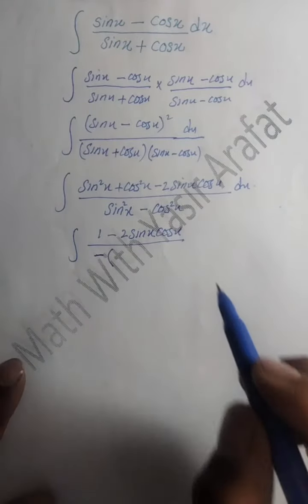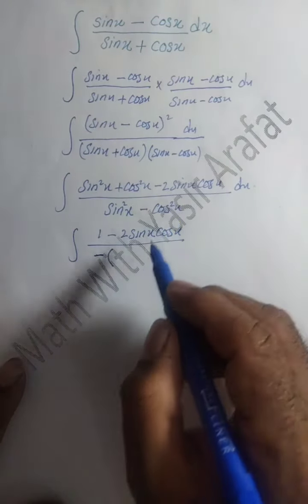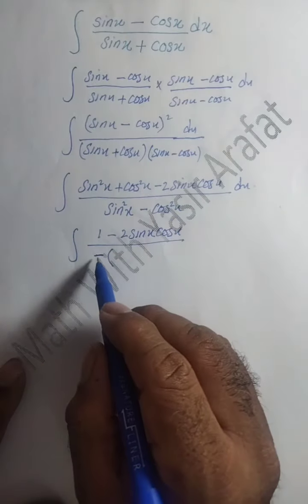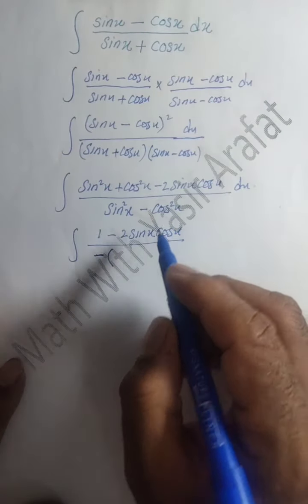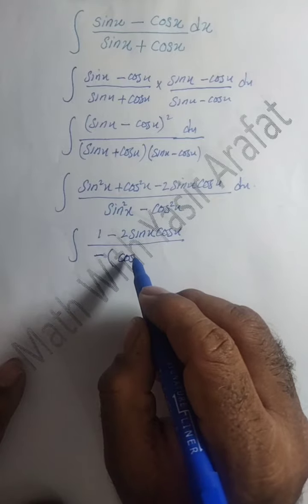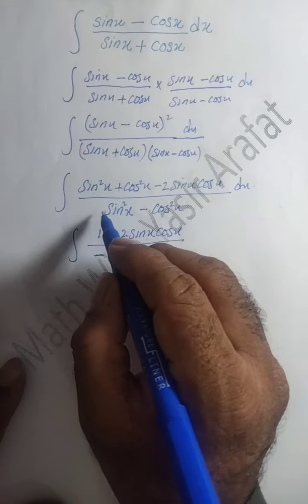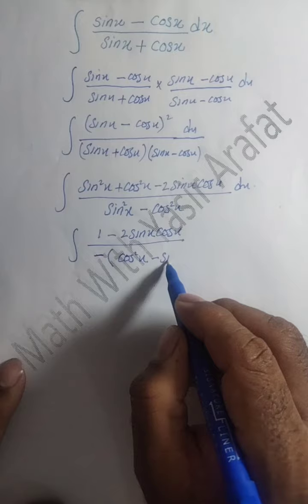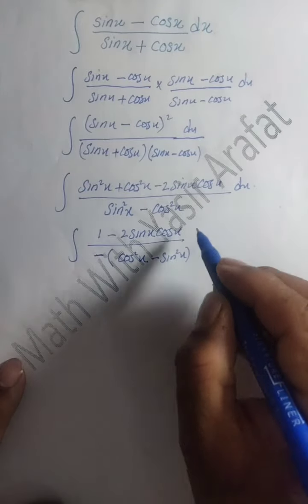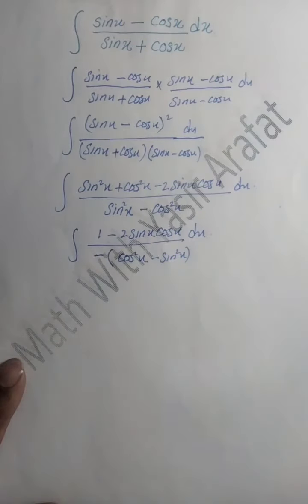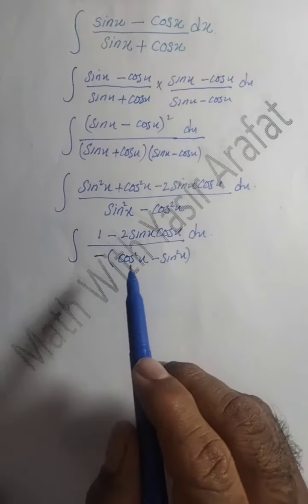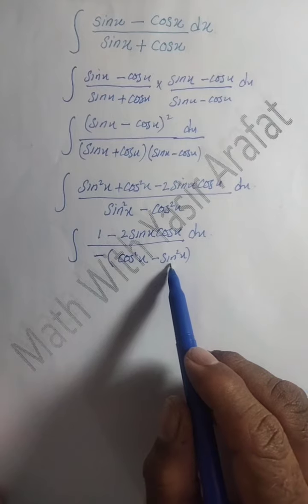Why are we going to take out the negative sign common? We are going to explain this point here. Taking the negative sign common, this is minus cos square x plus sin square x... it becomes minus, cos square plus, sin square minus. Now this is cos square x minus sin square x.